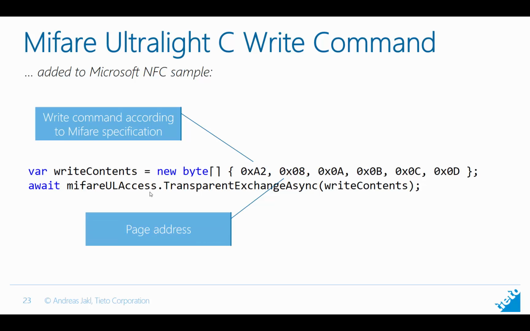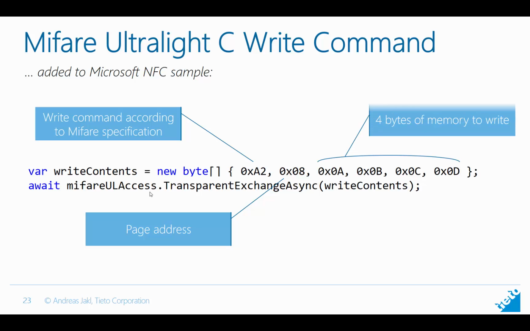Then 8 is the page address, so we actually want to store something to the memory of the NFC tag at the address 8. And memory that we want to write is ABCD. So these are 4 bytes of memory that we want to store to the NFC tag using this new transparent exchange mode, using really raw MIFARE communication protocols.